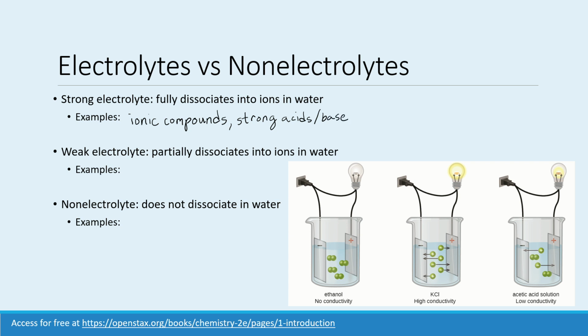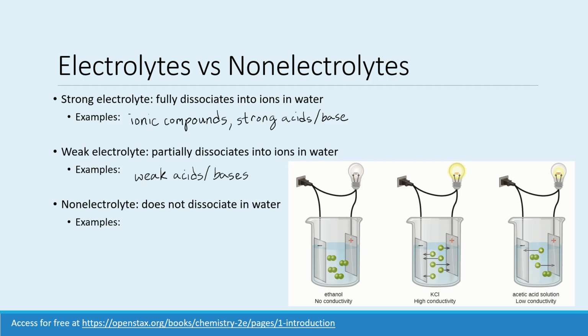And then your weak electrolytes, those will partially disassociate in water. And those are going to be your weak acids and weak bases. So remember, these are going to be your carboxylic acids, your amines, and anything that's not one of those 7 strong acids or 6 strong bases.